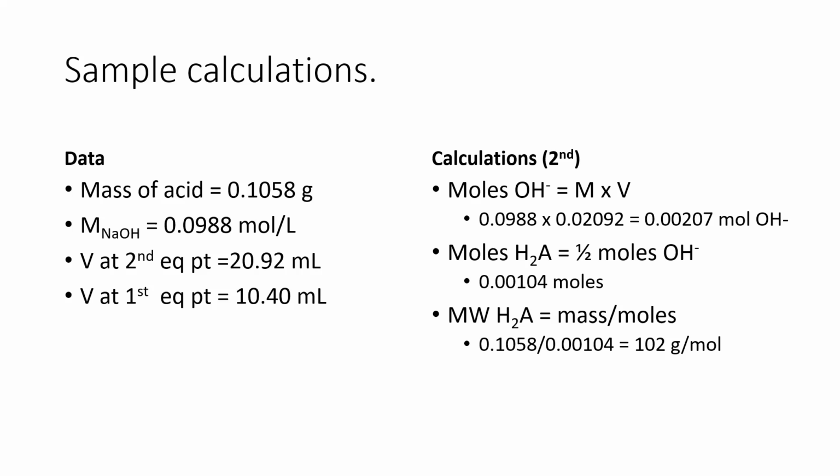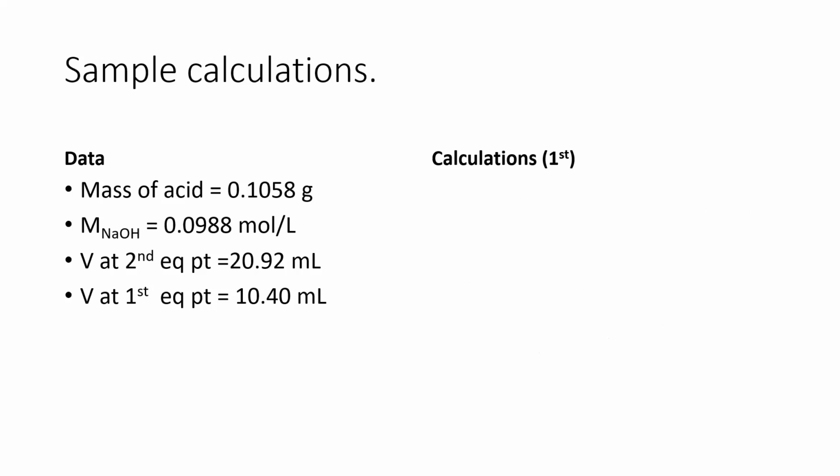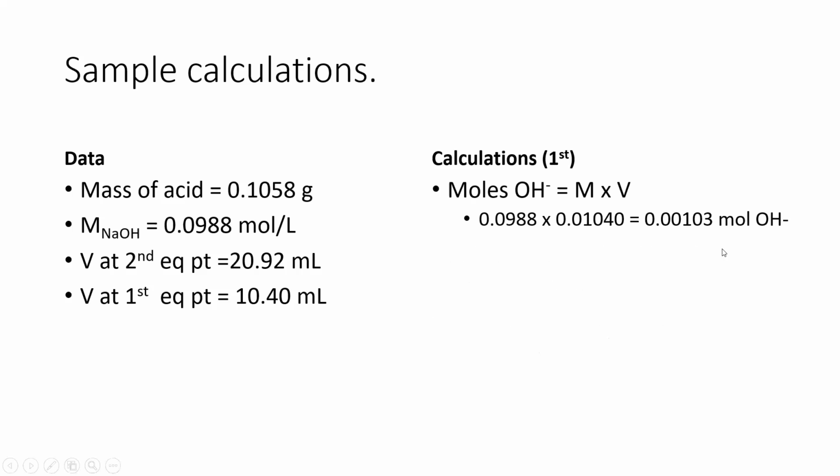So what if we decided to look at the first equivalence point? At the first equivalence point, we're still going to do molarity times volume, but this time we plug in the volume of 10.4 milliliters. This gives us 0.00103 moles of hydroxide, and at this point that's equal to the moles of acid, so I don't have to do further calculations there.